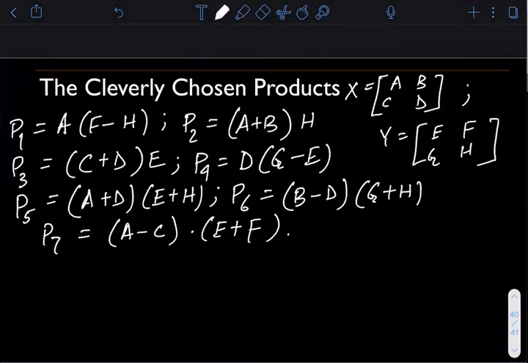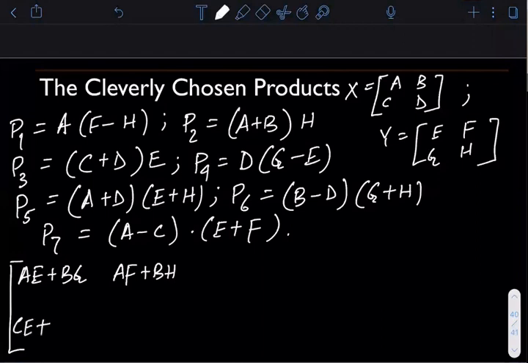Right. Okay, so now what is the magic going on? Let me give you the final thing. Remember what the real quantities that we're interested in are. For example, this is AE plus BG, AF plus BH, CE plus DG, CF plus DH. Soham, that's an interesting question, so just hold on to that thought.